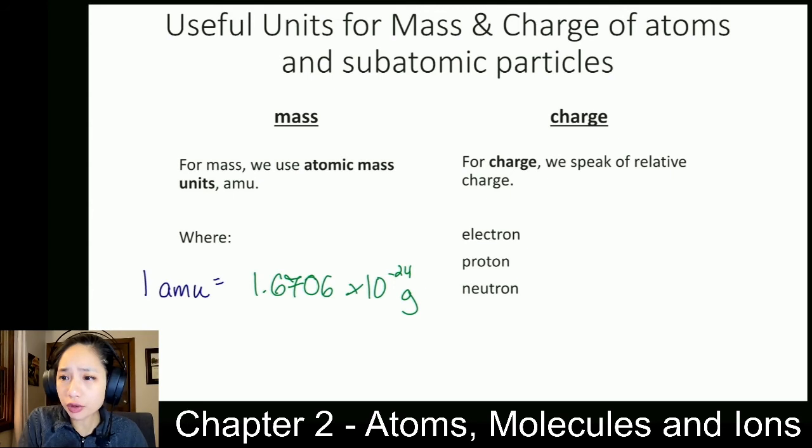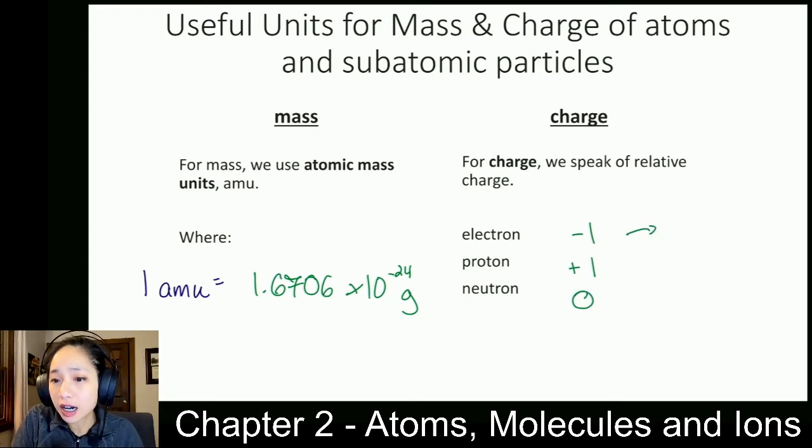For charge of those subatomic particles, we typically talk about relative charge and not the charge in coulombs. In chemist talk, we talk about relative charge. So typically, we just say an electron has a -1 charge, a proton has a +1 charge, and a neutron has a 0 charge. But of course, these are reflected in their coulombs.